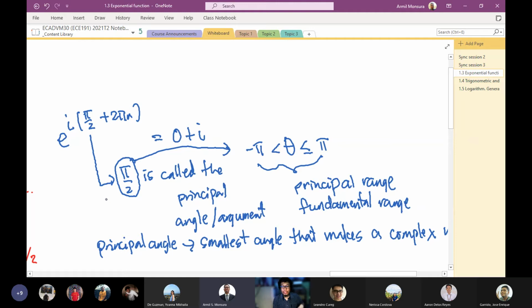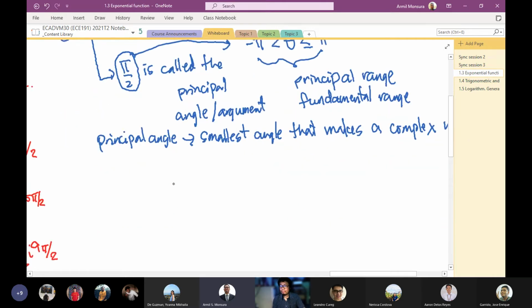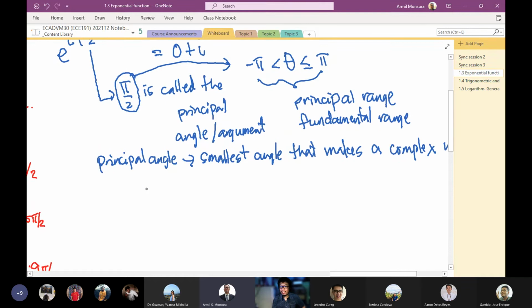Now, if we have the notation arg, because this will be useful in formulas later on. So if we have the notation arg z, the argument of z, means all the angles that define z.